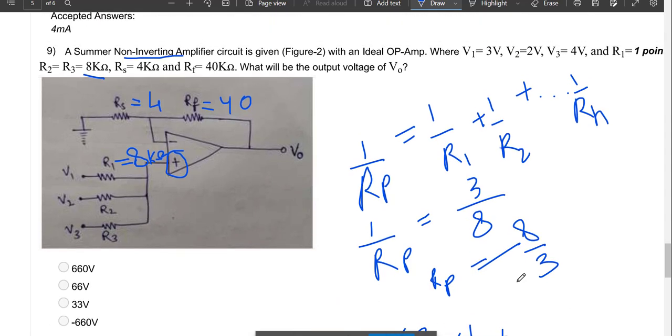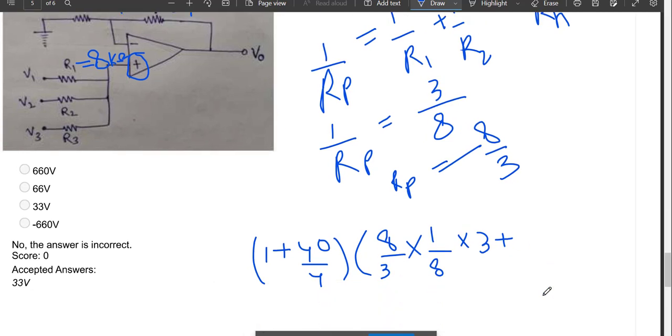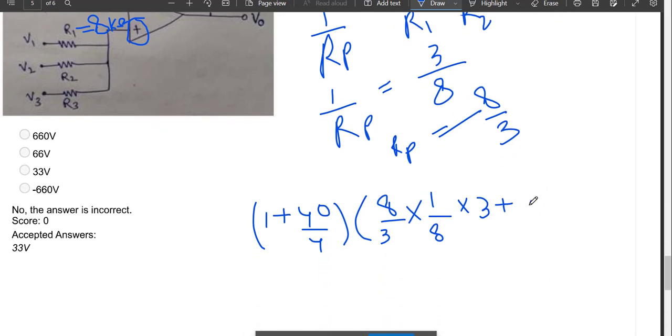V1 is 3, right? Plus again 8 by 3 into 1 by 8 times the next voltage.